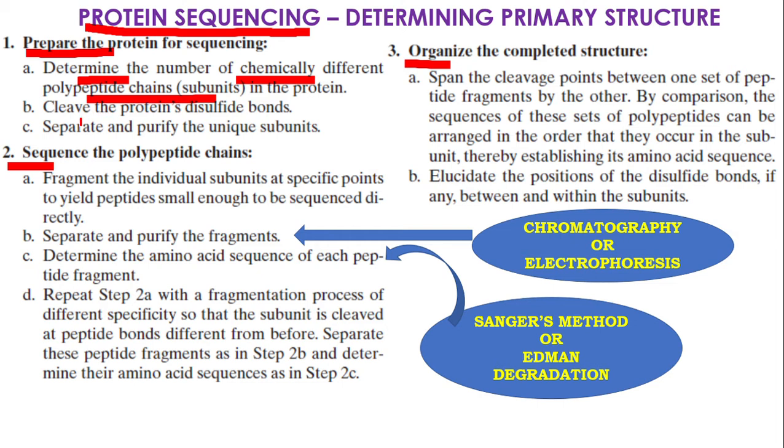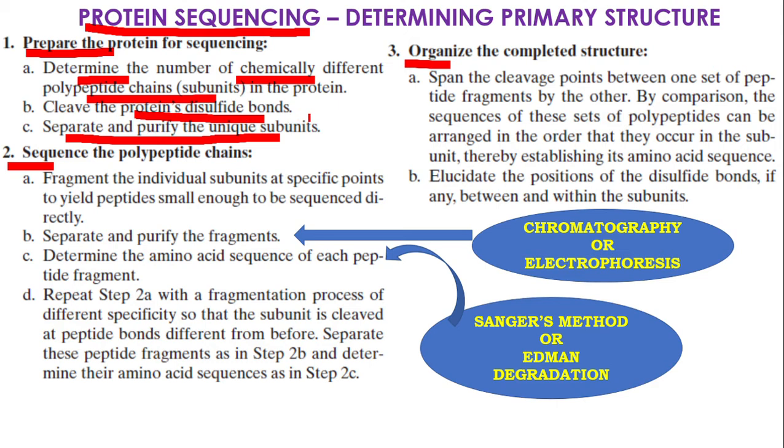Then we need to cleave the disulfide bonds between the polypeptide chains and separate the individual subunits, usually by means of chromatography, etc. In the last slide we found that there may be interchain disulfide bonds, where different polypeptide chains in a protein are bonded together by disulfide bonds.